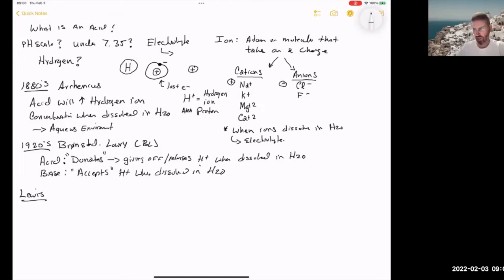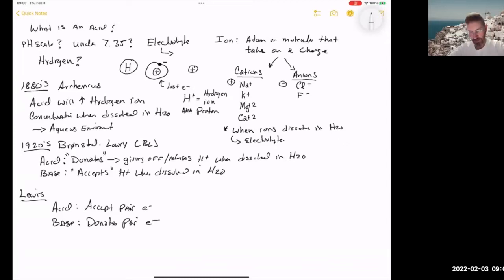I'll just mention it briefly, but we're not really going to use the Lewis definition. Essentially, an acid is something that can accept a pair of electrons, and we would call it a Lewis acid, and a Lewis base is something that donates a pair of electrons.